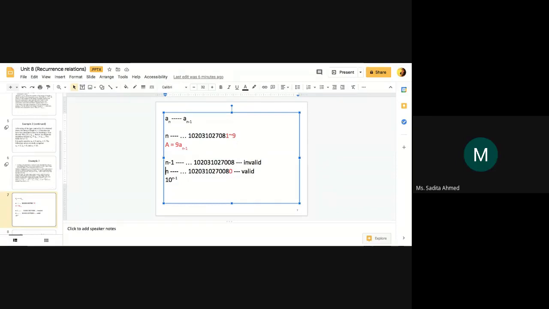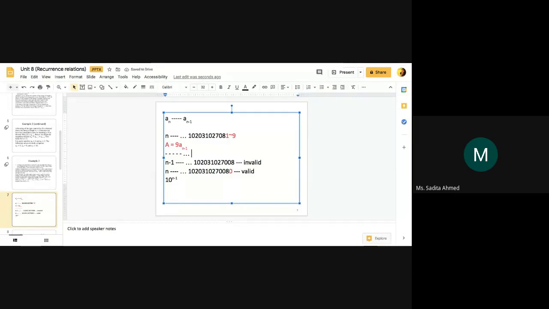If I have a decimal digit string of length n-1, it means I have n-1 positions to fill up, okay? Basically position 1, position 2, position 3, position 4, position 5, and so on until the n-1th position.